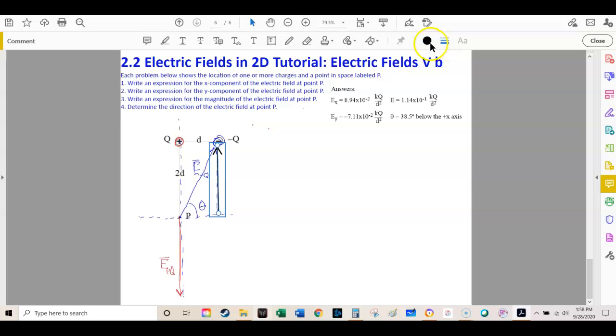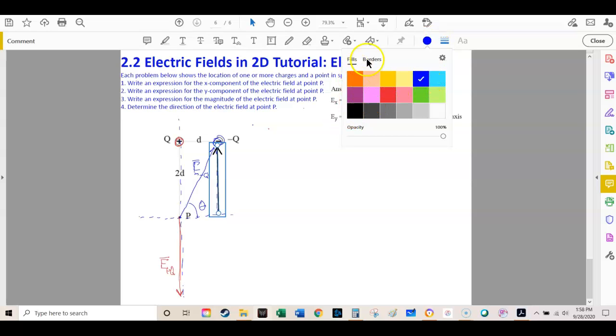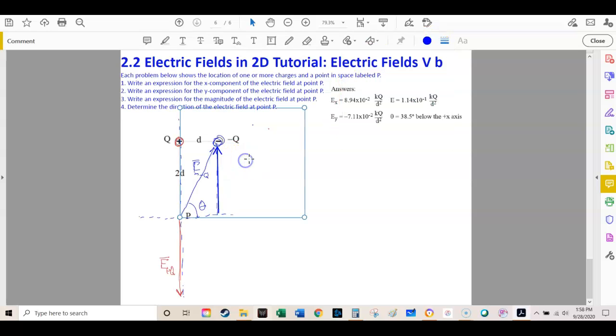The up vector is going to be the hypotenuse, E positive Q, at this point only the magnitude.